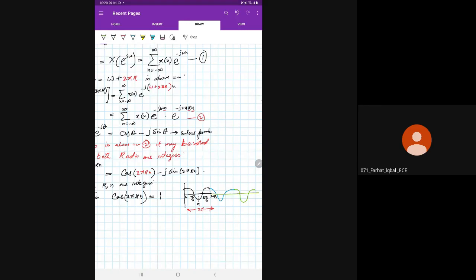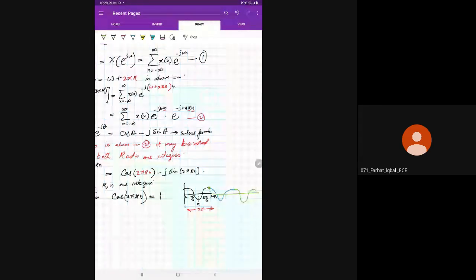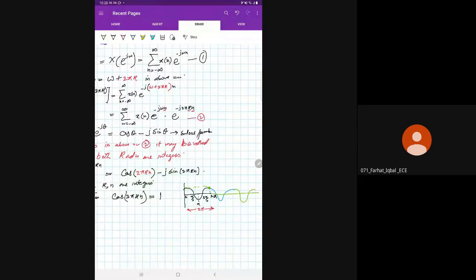But at the end, cos of 2 pi is equal to plus 1, and cos of pi is equal to minus 1. So this is 2 pi, this is 4 pi, similarly this is 6 pi.